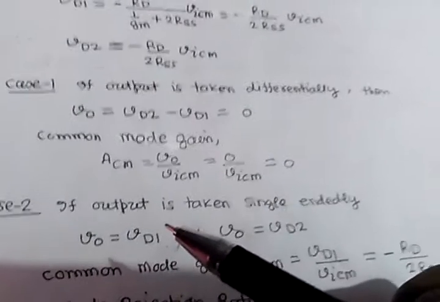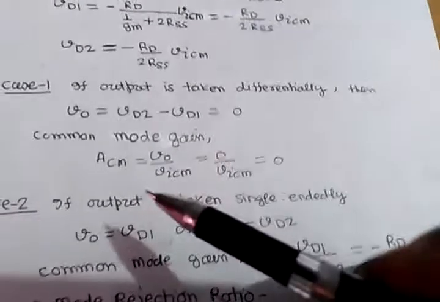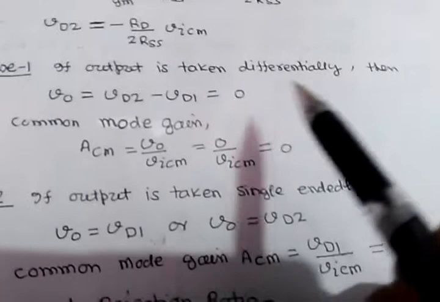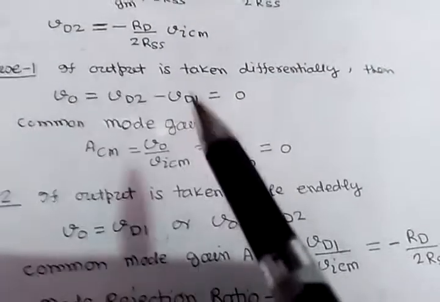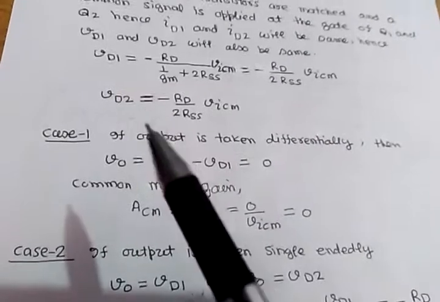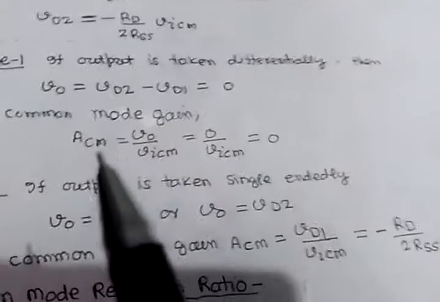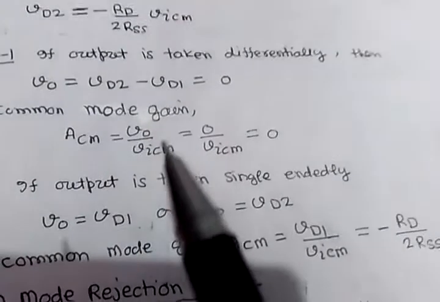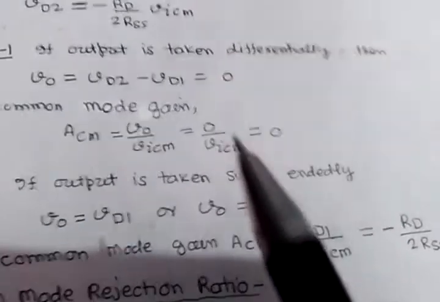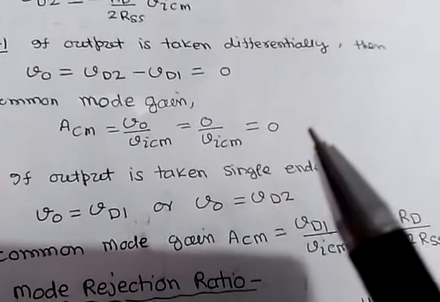Like the differential gain, we can write common mode gain in two ways. First, when output taken is differential. In this case, output will be VD2 minus VD1. Since VD1 and VD2 both are same, output will be 0. In this case, common mode gain ACM will be VO upon VICM, 0 upon VICM equals 0.